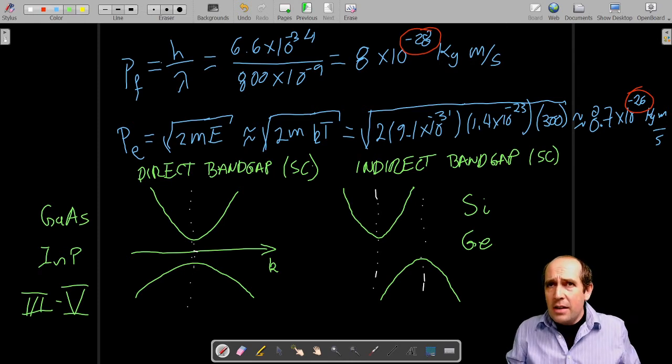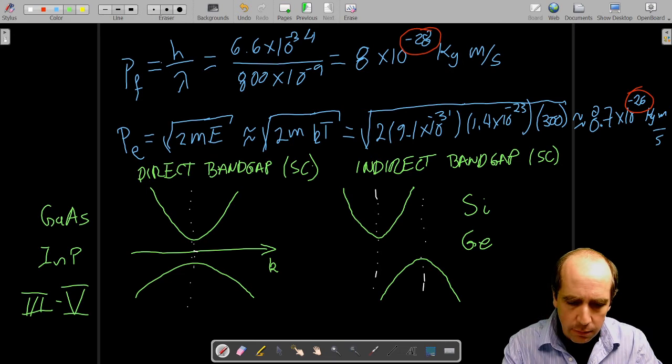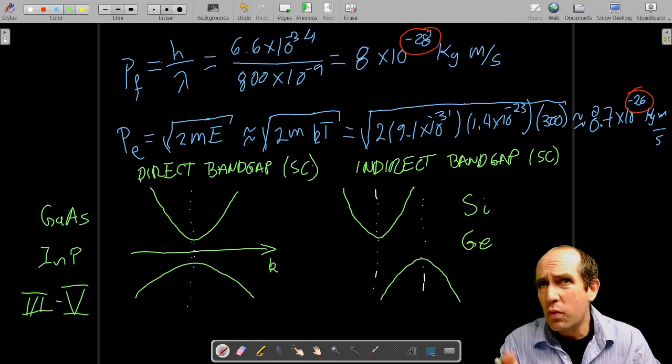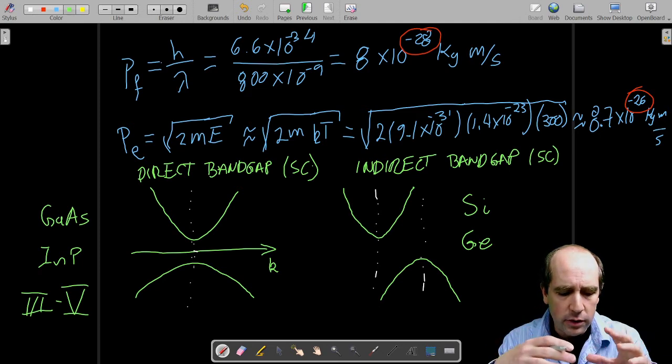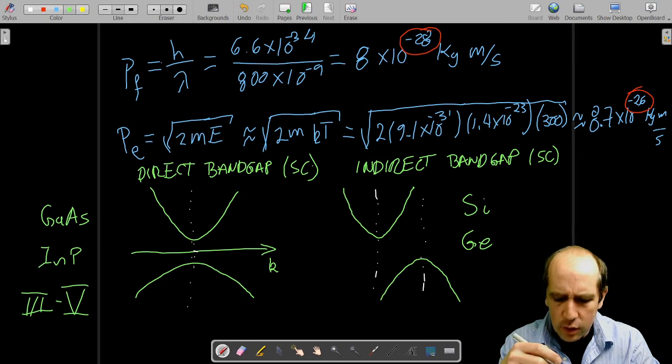At first glance, this would not look like something that makes a big difference. Intuitively we have thought of the scheme more in terms of the diagram on the left. We've always thought of direct bandgap semiconductors, but the truth is both of them exist.